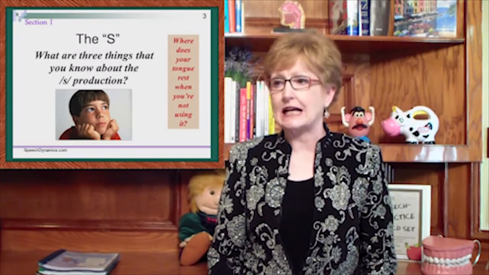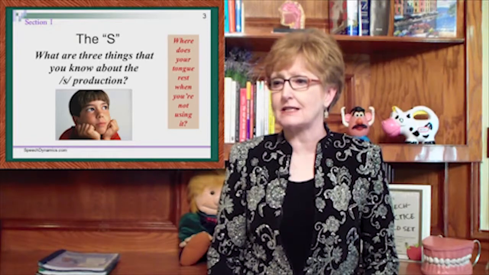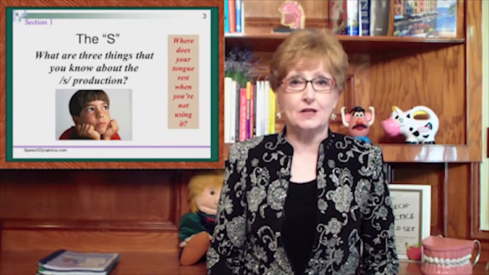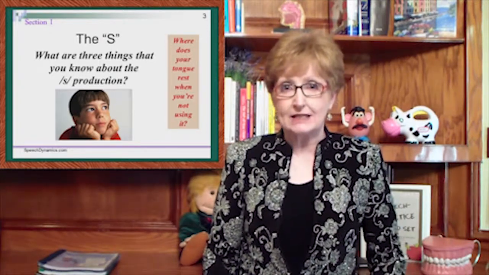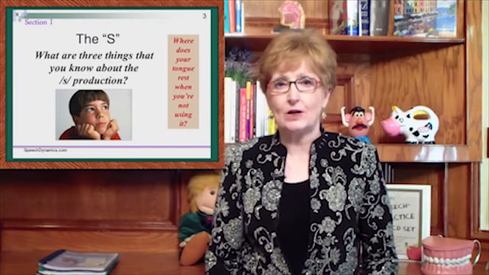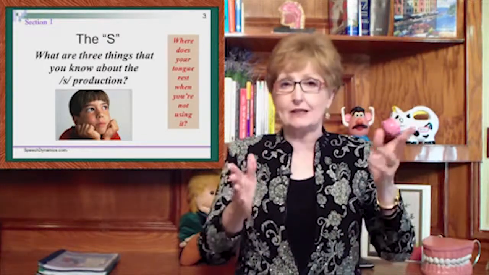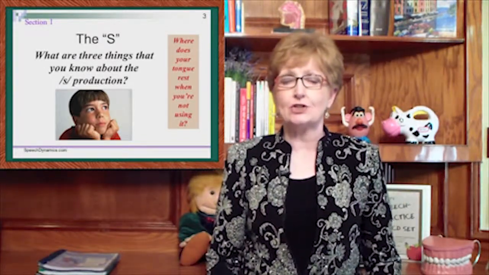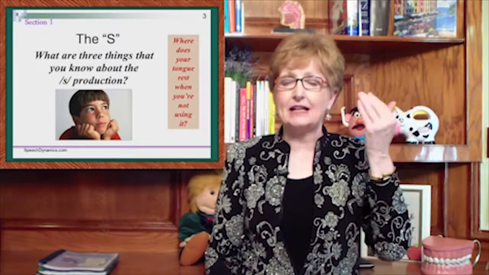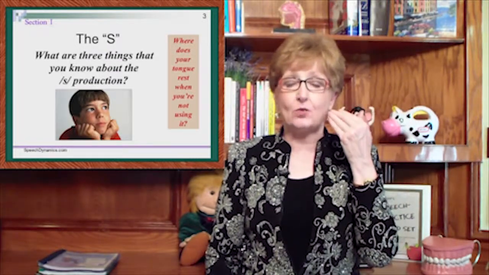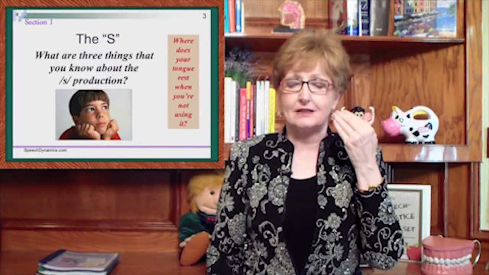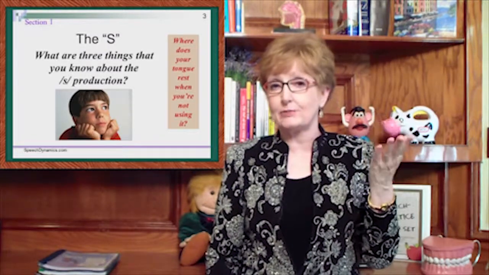Over on the right-hand side, it says, where does your tongue rest when you are not using it? I'd like you, right this second, to identify where your tongue rests. And I'm going to tell you exactly what I tell my kids. Close your eyes and send a spy down to your tongue and figure out where your tongue rests. Chances are good your lips are closed.